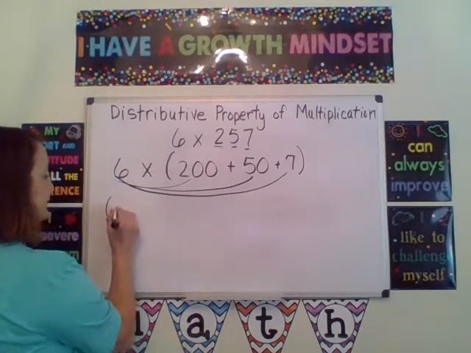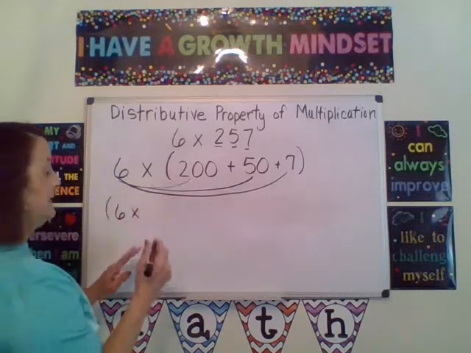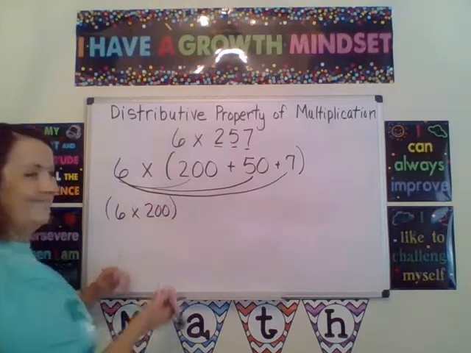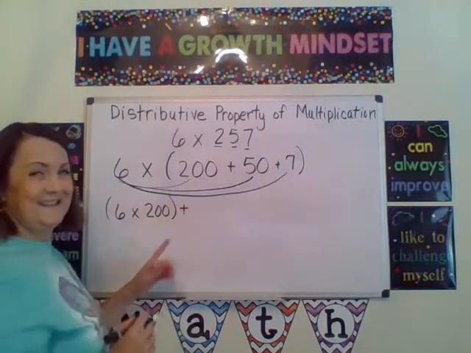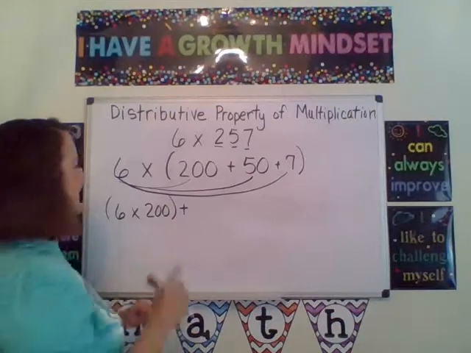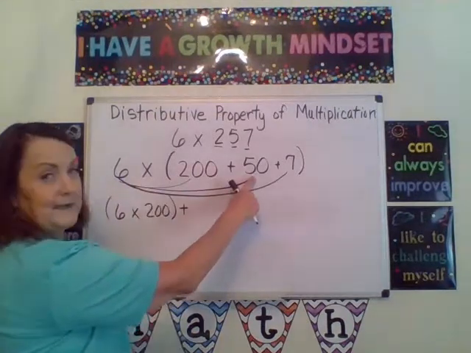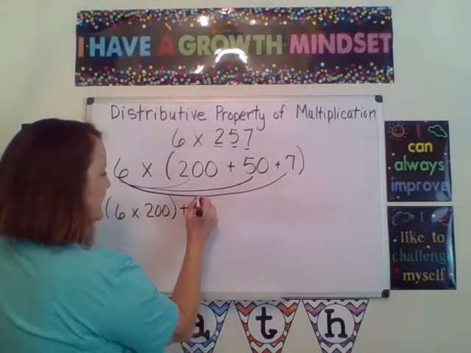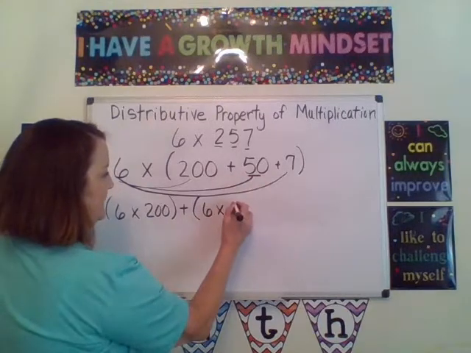So we're going to take the 6, and we're going to multiply it times how many hundreds we have. That's step 1. Step 2, we need to put a plus sign. We're going to take the factor, and now we're going to multiply it times the expanded form of the tens place. So again, parentheses, 6 times 50.